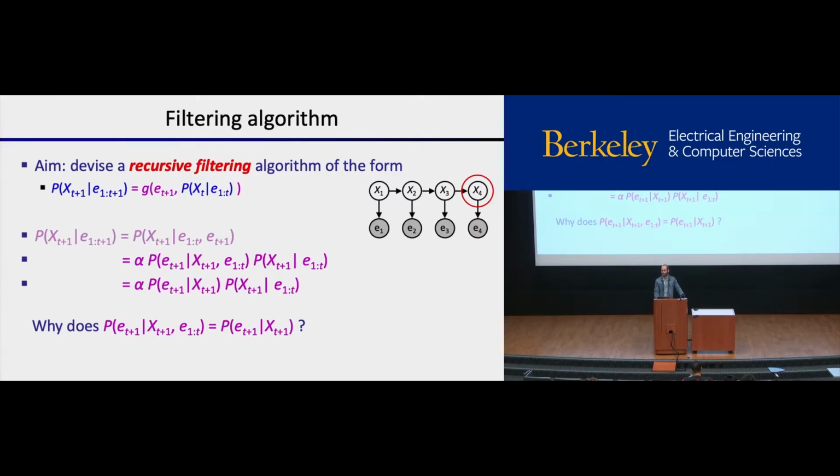Other questions? Okay. There's another step that looks just like it, but these kinds of facts are the key to making inference tractable in an HMM. So variables are independent of non-descendants given parents.